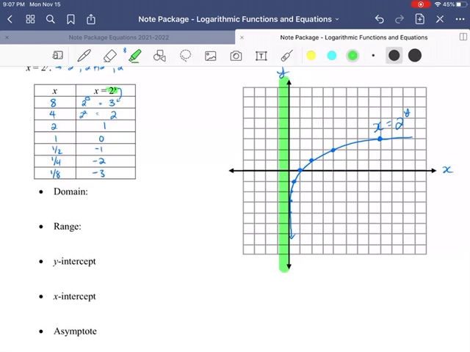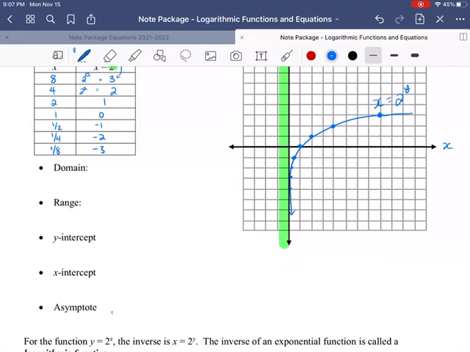So it's going to get close to the y-axis, but it's not going to cross it. So there's a vertical asymptote at x equals 0. So that means our domain is x such that x is greater than 0, not equal to 0, just greater than 0.